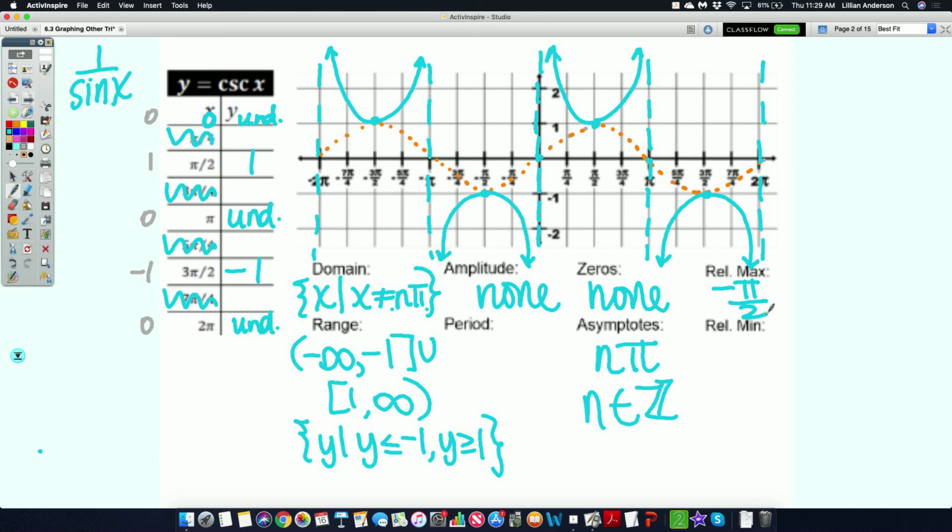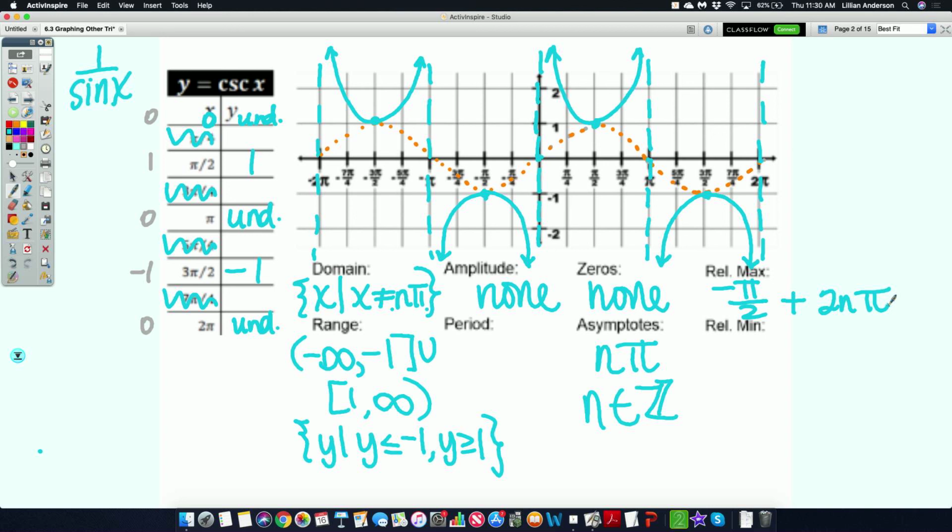So it's negative pi over 2 plus, how far apart are these maxes from each other? How far is negative pi over 2 from 3 pi over 2? It's 2 pi. Every max is going to occur every 2 pi from one of them. So you represent that as 2n pi. Every relative max is going to occur at negative pi over 2 plus 2n pi.